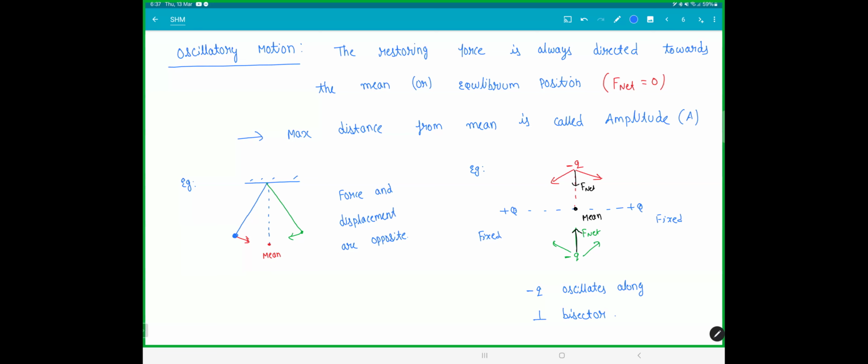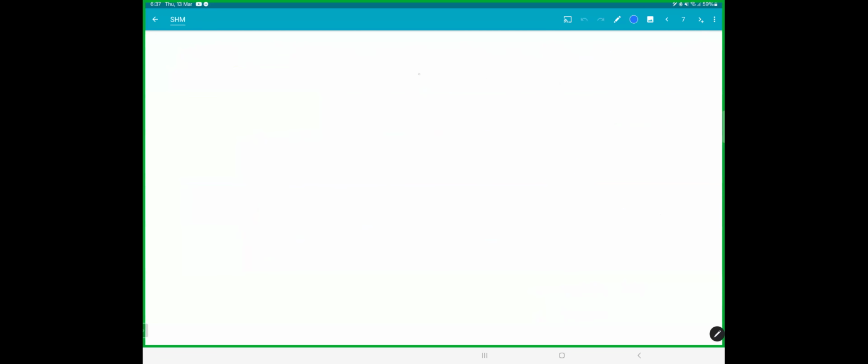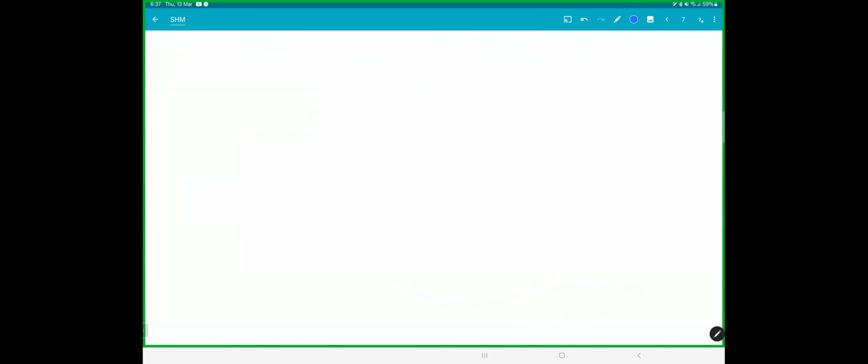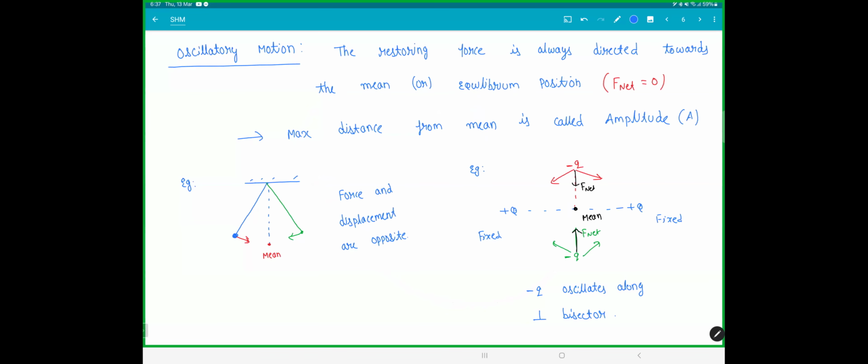So if you actually try to look at the subset, it looks like this. These are all different motions. In that, this is periodic motions. In this, these are oscillatory motions. In this, there are SHMs. So SHM, it's like a Venn diagram. SHM is a very, very special case of it. Clear with this page?